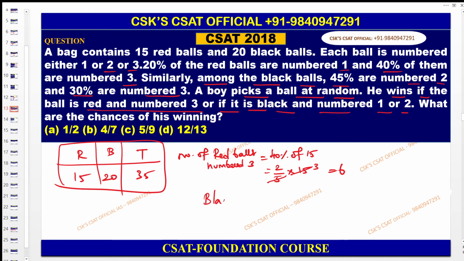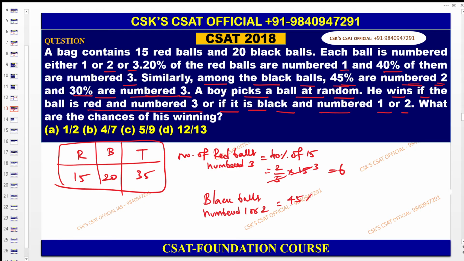So therefore, black balls numbered 1 or 2 is equal to 45 plus, which one do we have to take here? 1 or 2. So now check here. 45% numbered 2. 30% numbered 3. Then 1 will be what? 25%. Okay. Please be careful here.